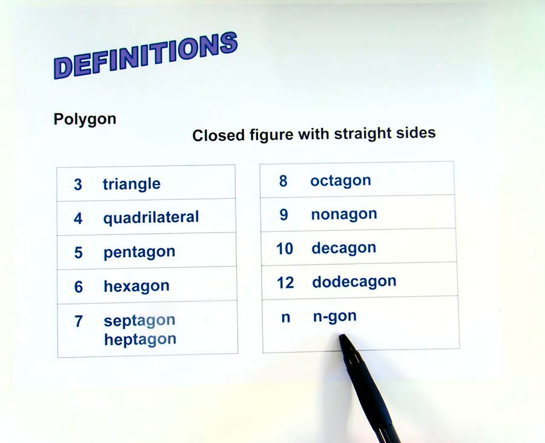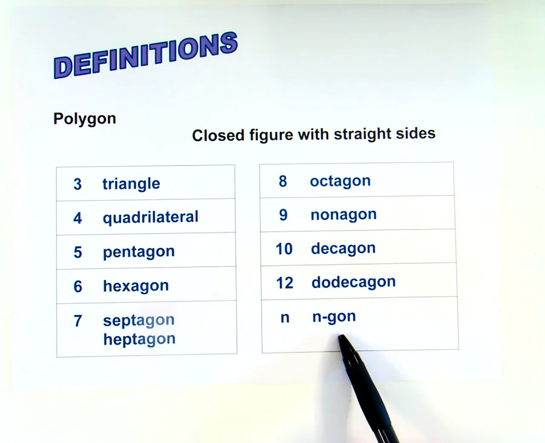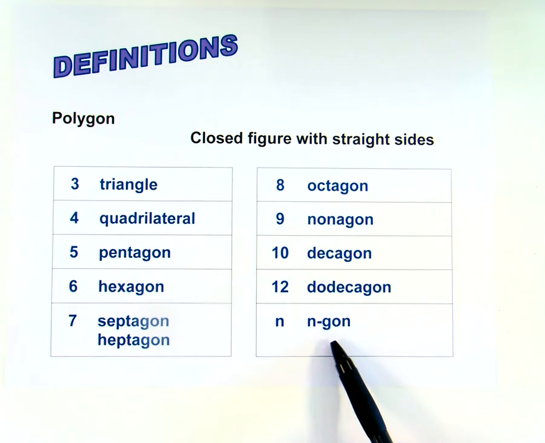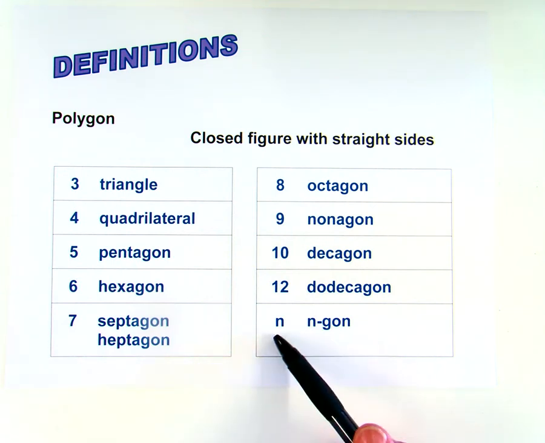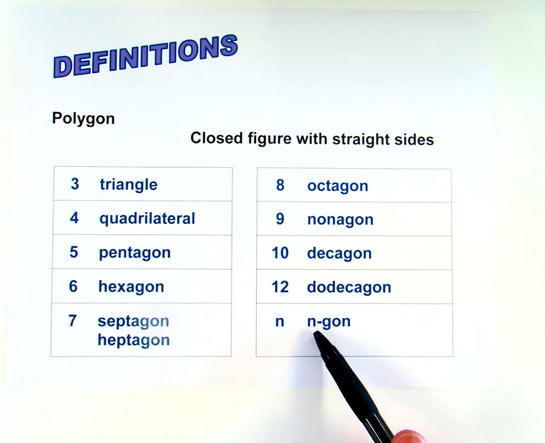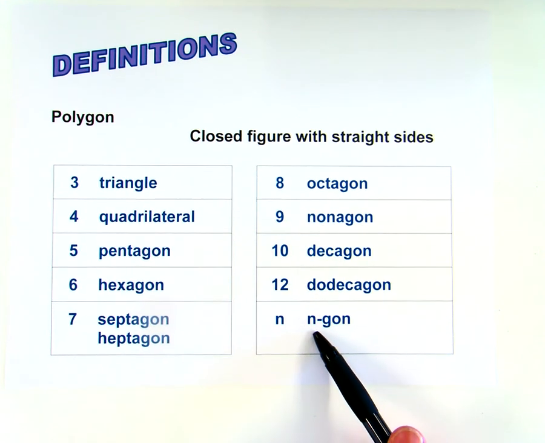For example, if you had one that you don't know and you were trying to find out how many sides the polygon had, you would in the interim call it an n-gon till you figure out what the number should be. If you're using a polygon that has more sides than this, then you could use it, say if we had a 17-sided closed figure with straight sides, you could call it a 17-gon.